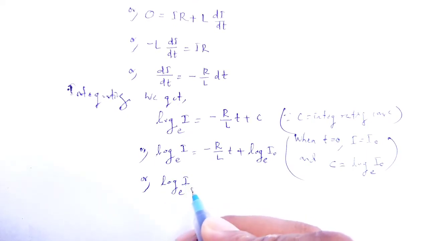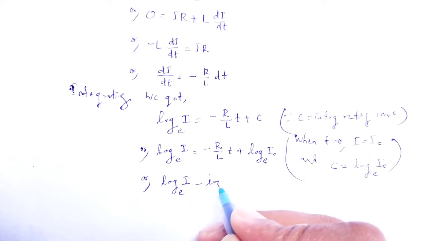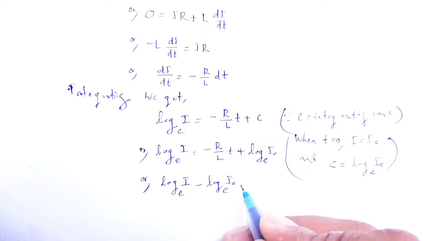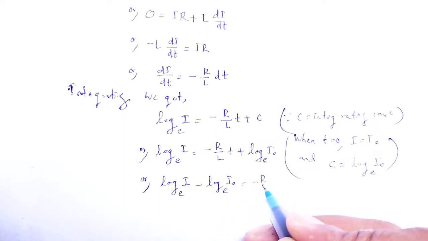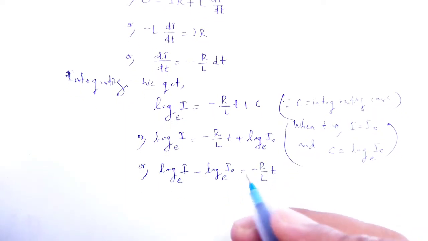or log I base e minus log I naught base e is equal to minus R by L into t.